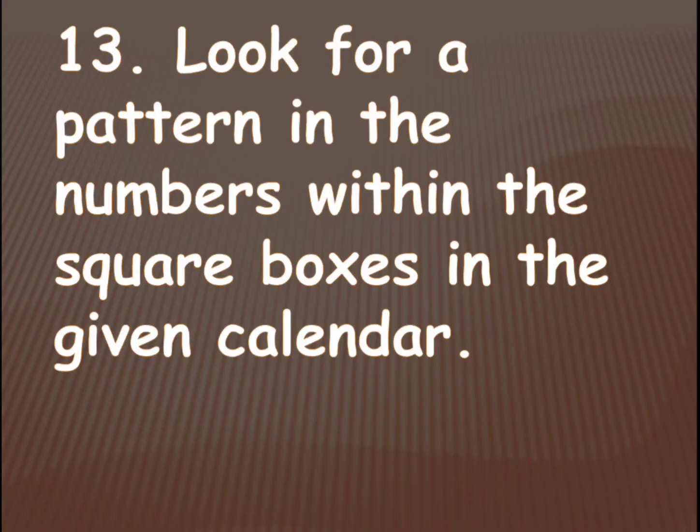So in that you have a question: look at the pattern in the numbers within the square boxes in the given calendar. Beside that you have a calendar of the month January 2014, isn't it? Looking at the calendar, you need to say which pattern it follows. If you see, children, the sum of all the rows will be equal to the sum of all the columns.